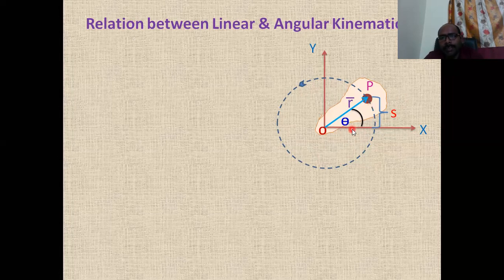So it is the angle theta. From this, we are going to establish a relation between linear physical quantities and angular physical quantities. At the first step, we are writing according to the pure mathematical formula.